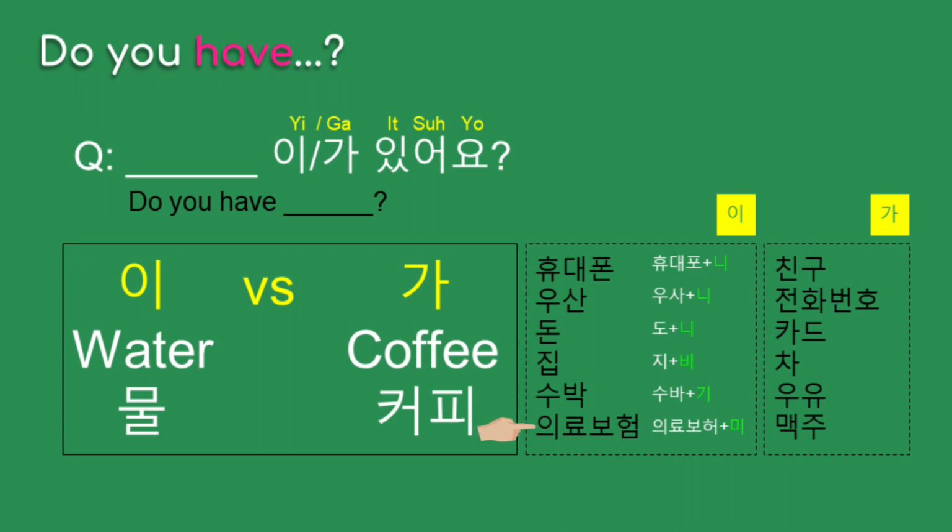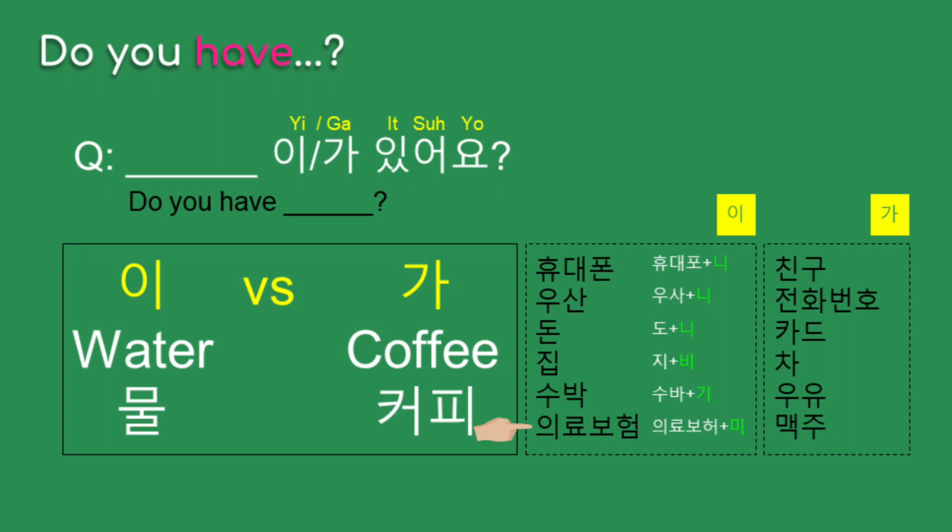Next is 의료보험. 보험 means insurance. 의료보험 means health insurance. 의료보험이 있어요? Do you have health insurance? It's a really important question in the US.